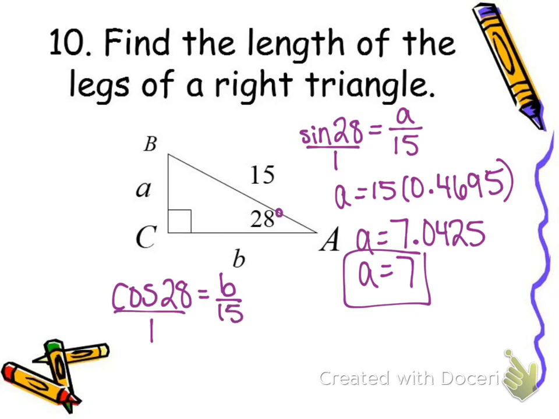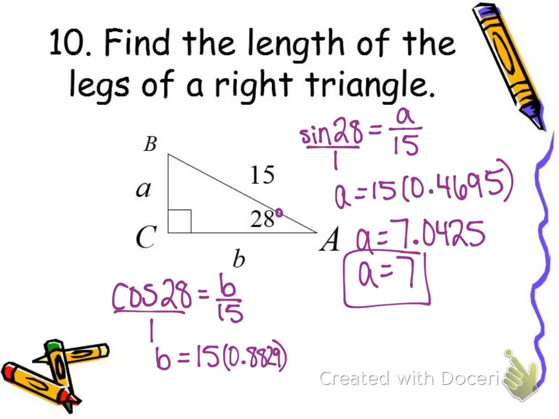Again, we cross multiply and solve. So B equals 15 times, what's the cosine of 28? 0.8829.